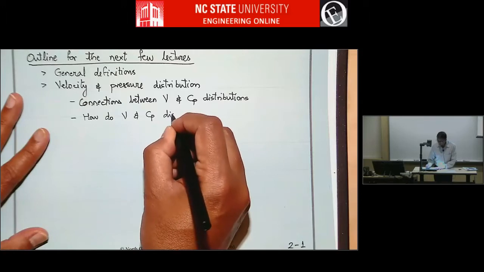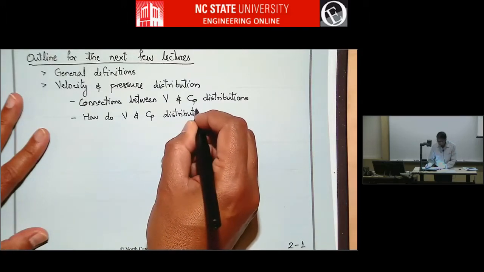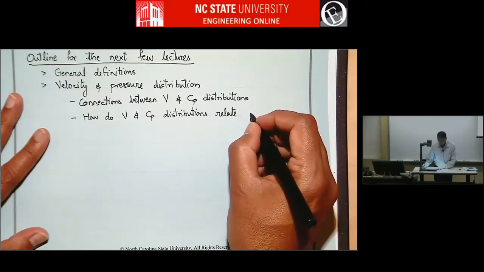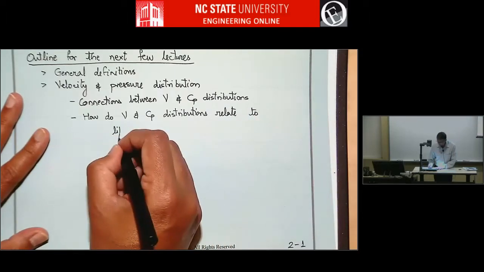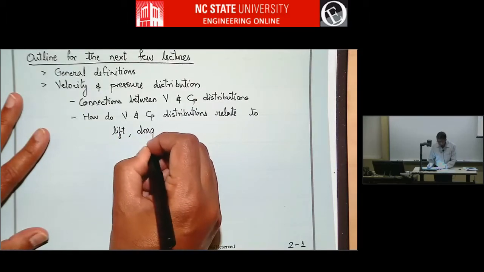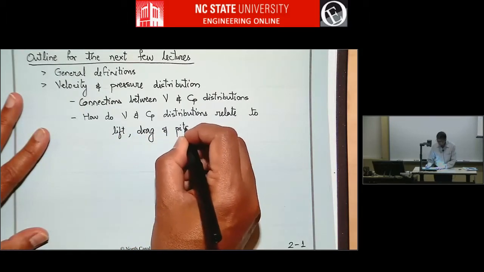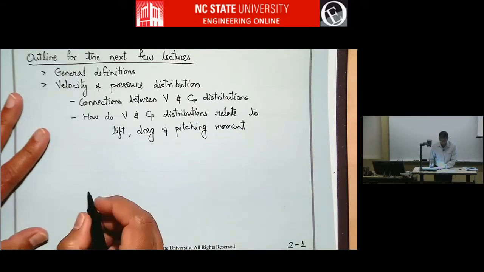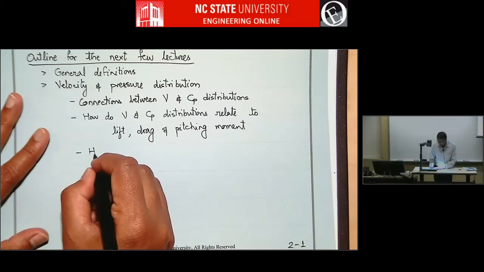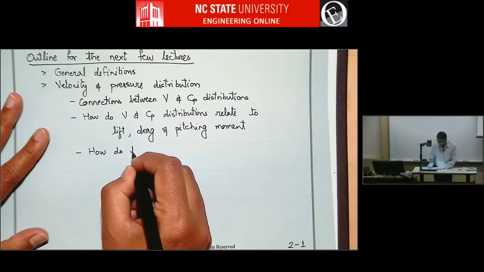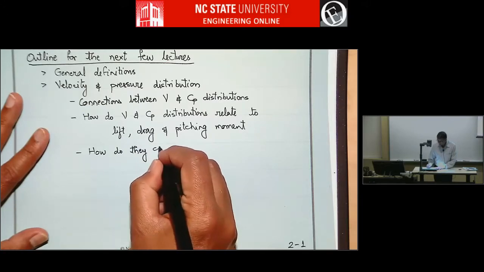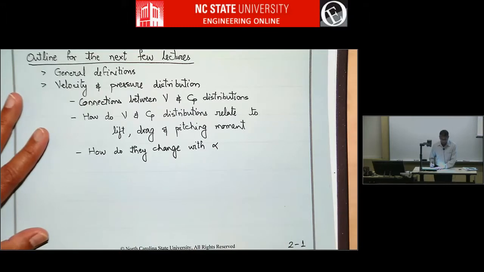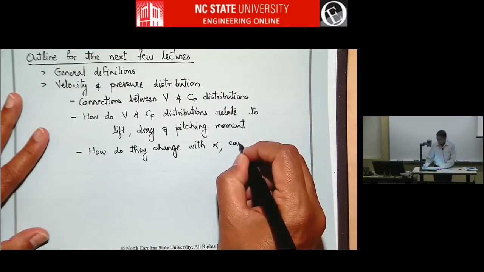So what do these distributions tell us about lift, drag and pitching moment? And how do these distributions change with angle of attack and airfoil geometry like camber?